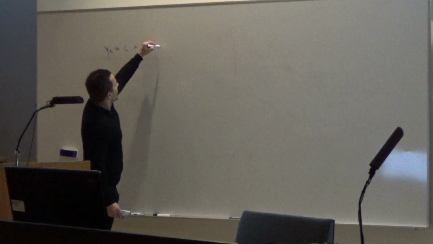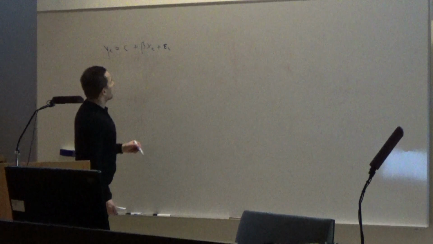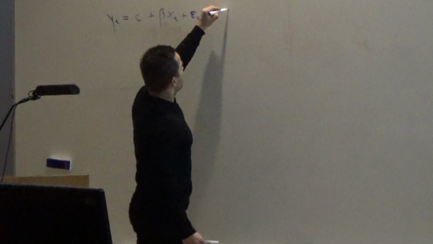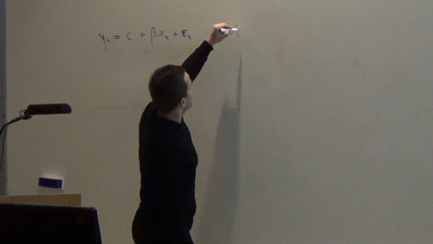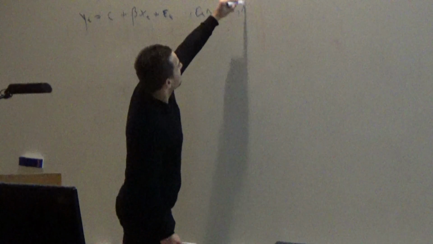Let's say we have a variable y_t, and we have a simple regression model. We have an intercept term, and we regress it on another variable x_t, and then, as is always the case in regression models, we also have an error term. And you know from econometrics, the error term is usually assumed to be normally distributed with zero mean and standard deviation of 1.